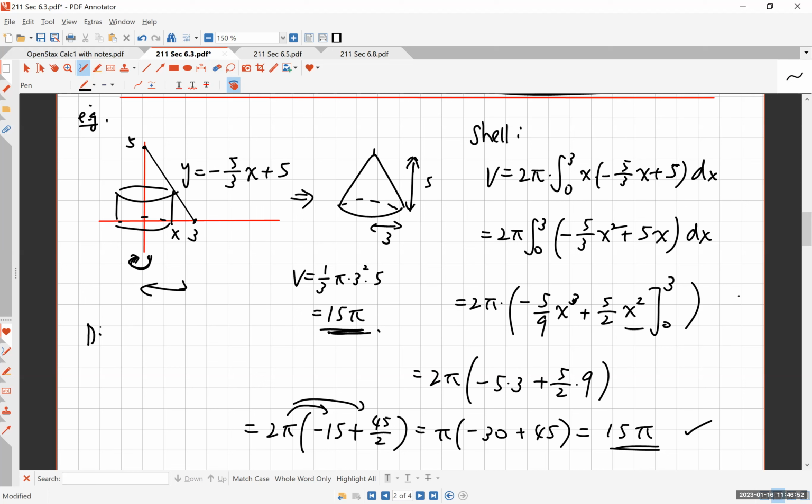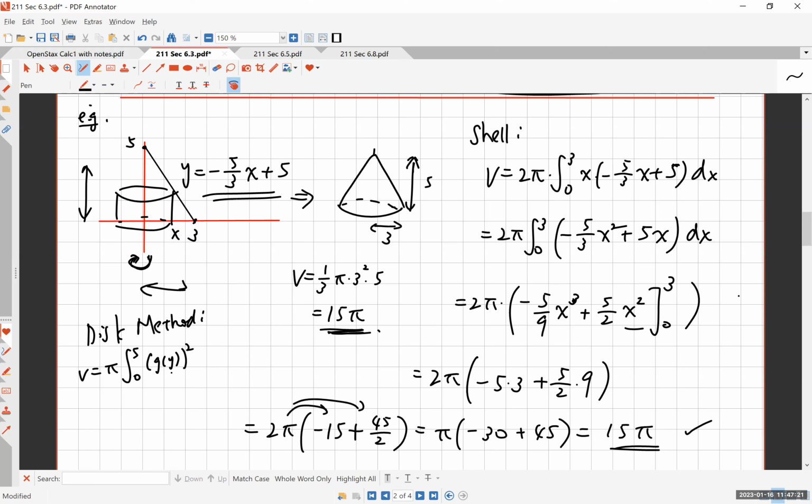Okay, so if you are using the disk method for this, then you would have to say the volume is pi times the integral, and you have to go this way. So it goes from 0 to 5 of what?